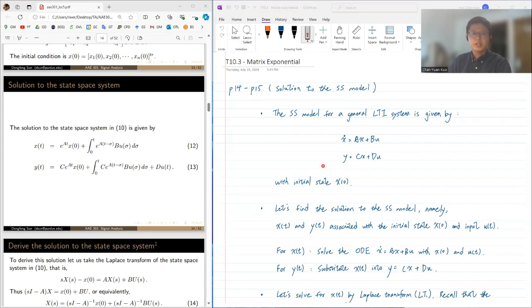Here, we'd like to find the solution to the state space model, which is the corresponding state trajectory x of t and output trajectory y of t associated with the initial state x of 0 and input u of t.